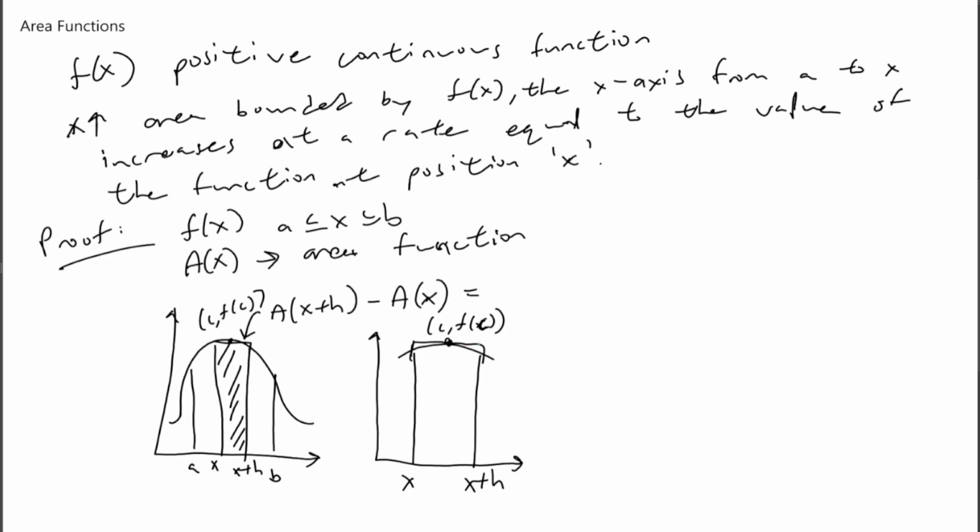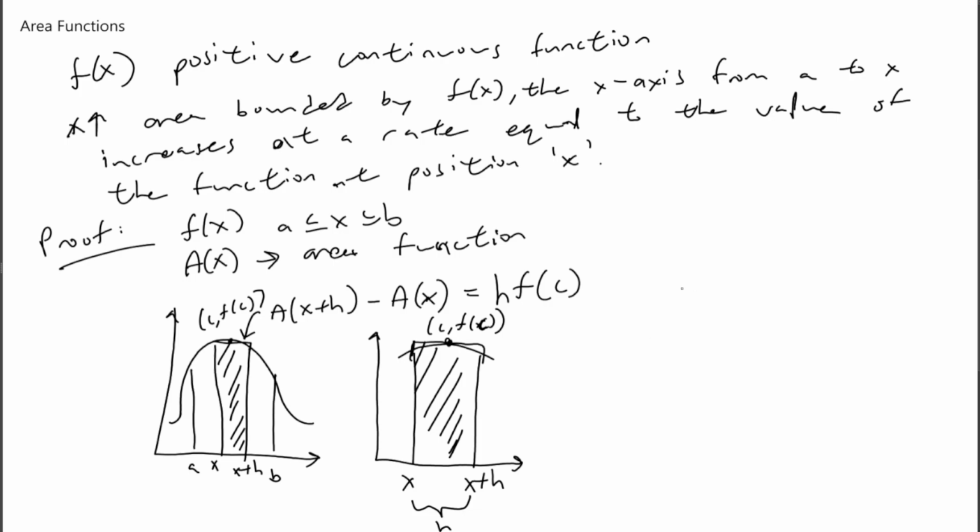We're going to realize that this shaded region is equal to the area of this rectangle. Let's just let that be true, that the shaded region on the left diagram is equivalent to this shaded rectangle with height f of c. So this equation is equivalent to h times f of c, where h is just this distance here.